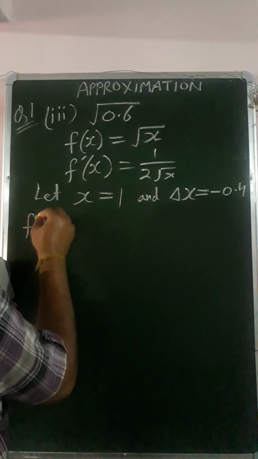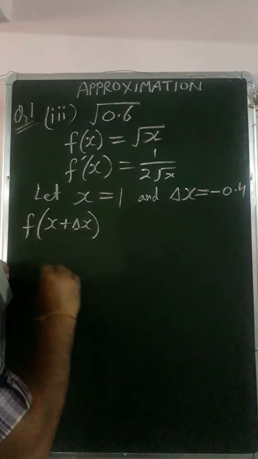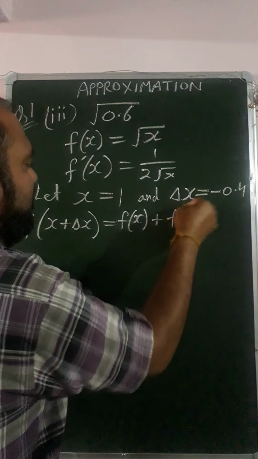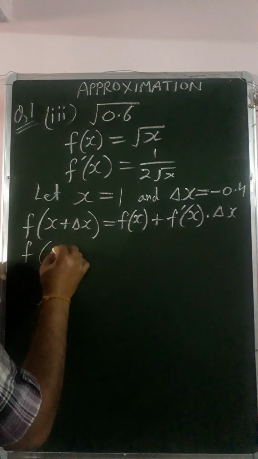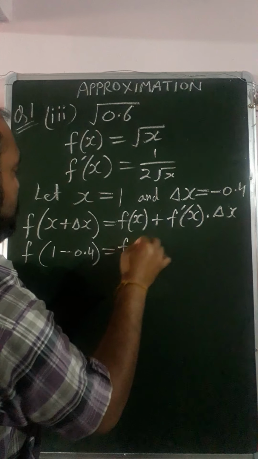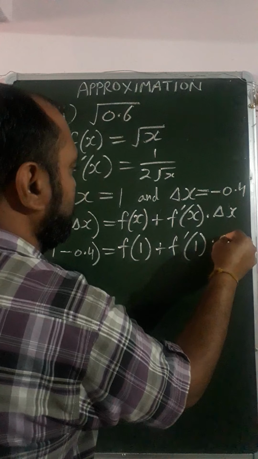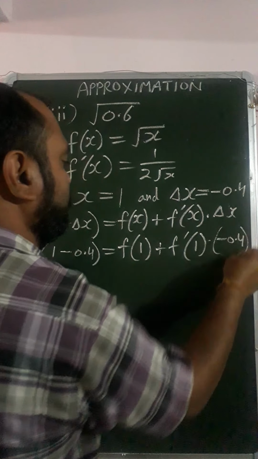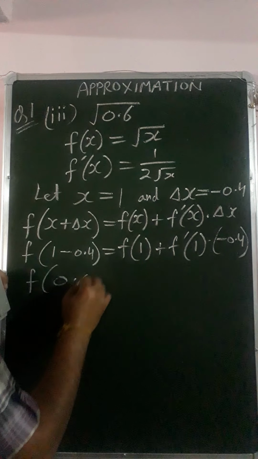So again I am writing this formula f of x plus delta x is equal to f(x) plus f dash x into delta x. Now I am putting the values here. This is f of 1 minus 0.4, which is equal to f of 1 plus f dash 1 into delta x, which is minus 0.4. When we subtract them, we get f of 0.6.